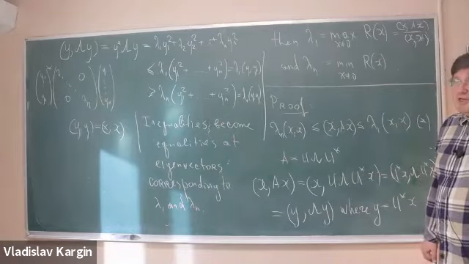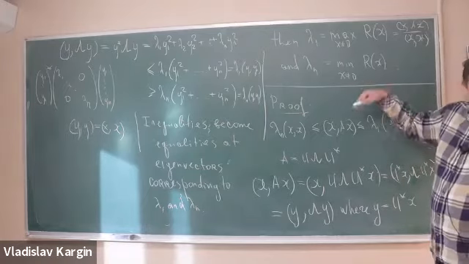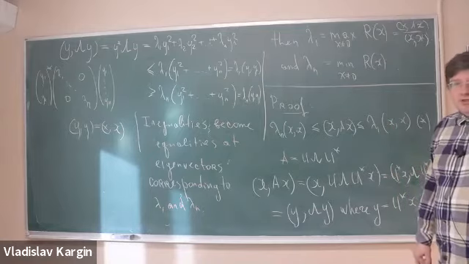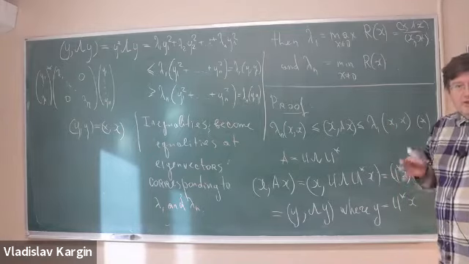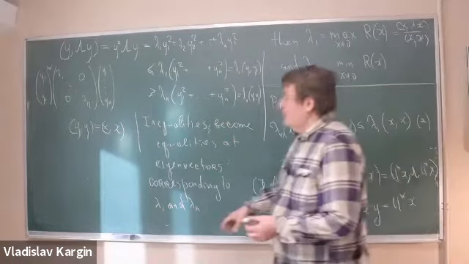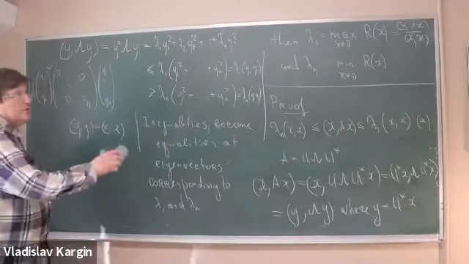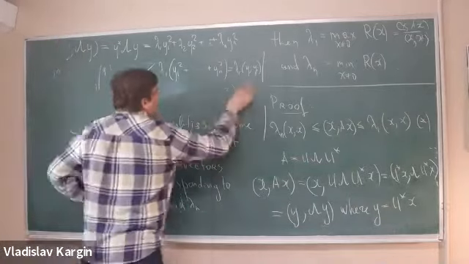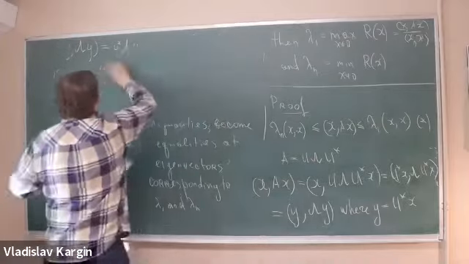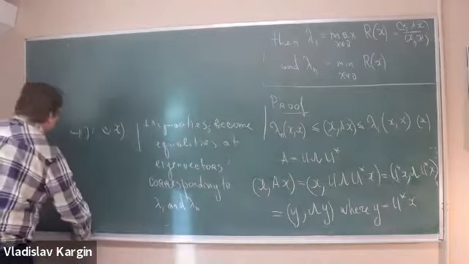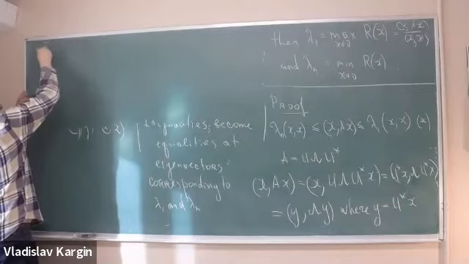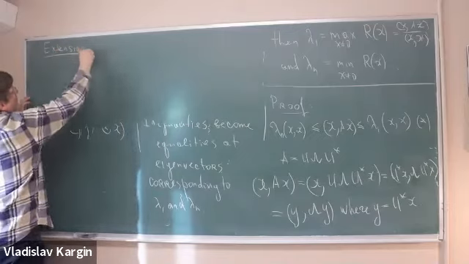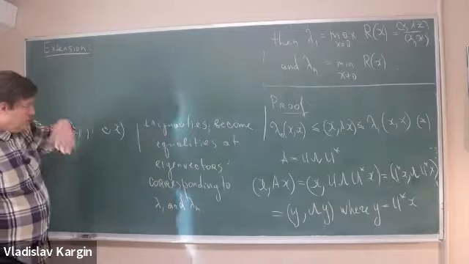And now it can be extended. Suppose we are interested not in the smallest or largest, but in the second largest or third largest, something like an intermediate eigenvalue. So, the extension.